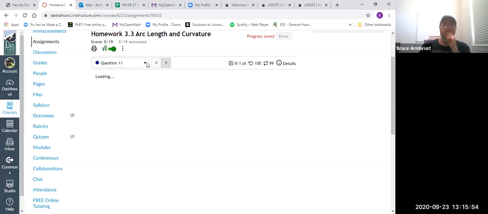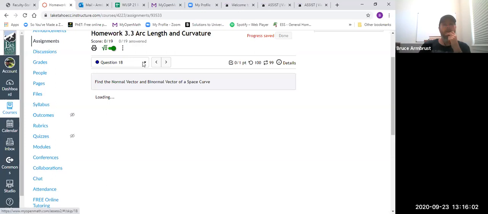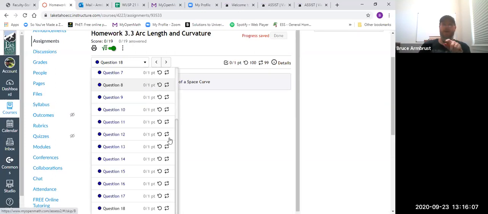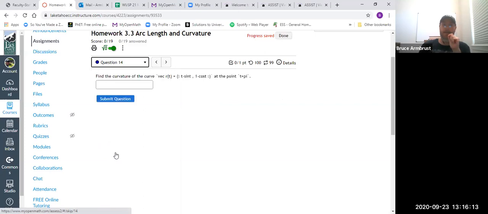Okay, let's go find number 14 here. I'm just going to tell you guys, like I just saw here for number 18, we haven't talked about a binormal vector. So some of this stuff we may not have, I may not have actually shown you the better ways of doing it. Right? But let's just see what we got.